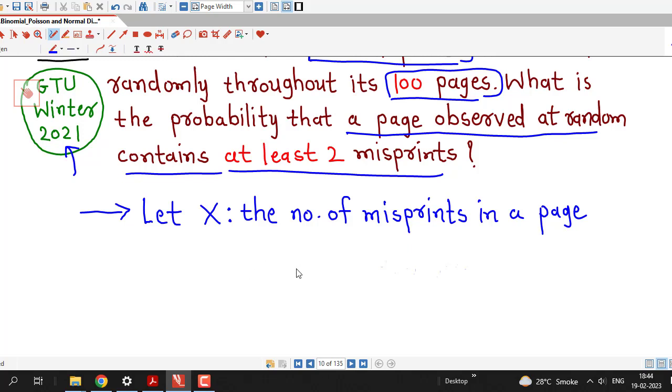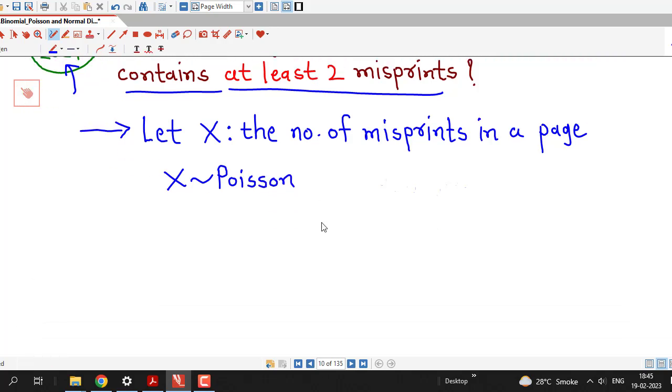Whenever we have a Poisson random variable, to write down its probability mass function we require lambda, that is the mean of the Poisson distribution. So what is the mean of the Poisson distribution?